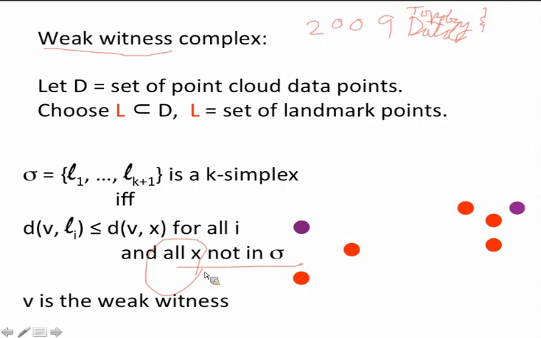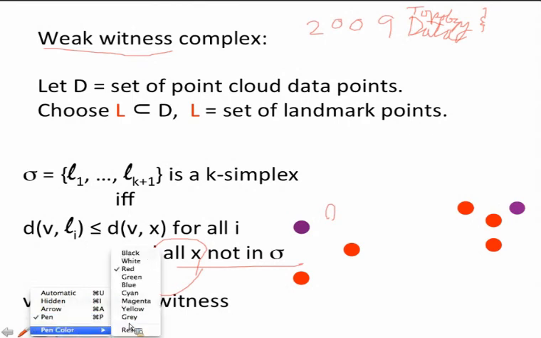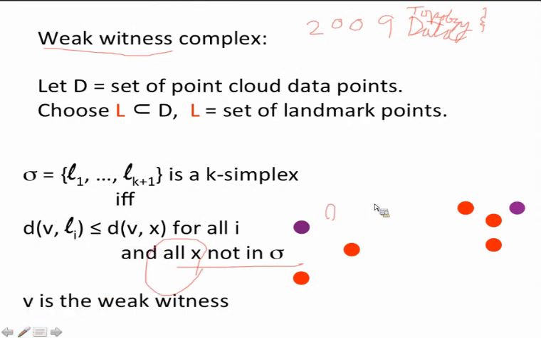So in this case, if I had a dark colored point that's not red, that's closer, then I would not want to do things that are further away. That's a common definition of weak witness complex, where it doesn't need to be in your landmark set.